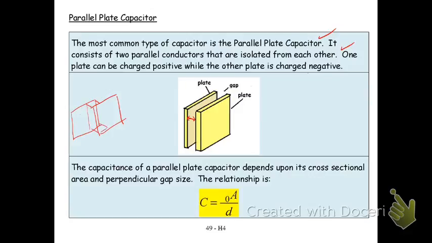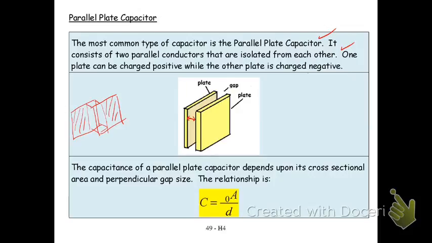So I've only got a little bit of a gap. This bit's just a plate by itself, and that bit's just a plate by itself. Then I have a very low capacitance, because it's not the area of each plate. It's not the area of one plate particularly, it's the area of the overlap, the gap of the overlap. So watch out for that.